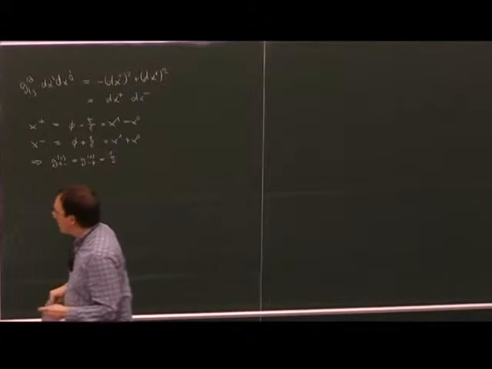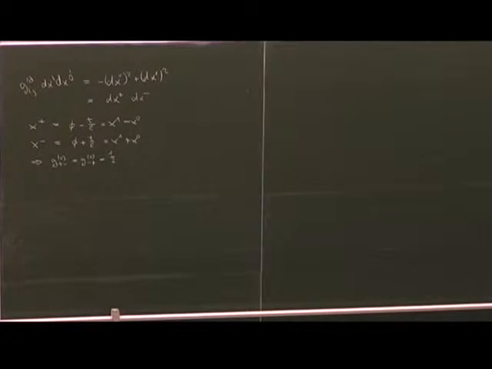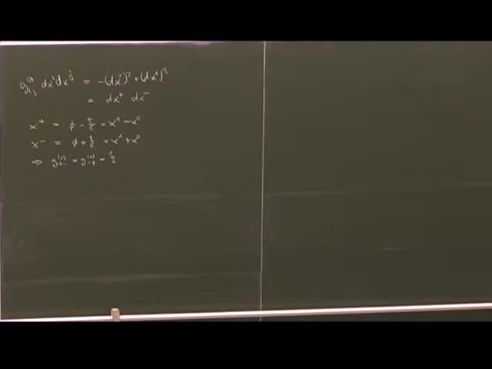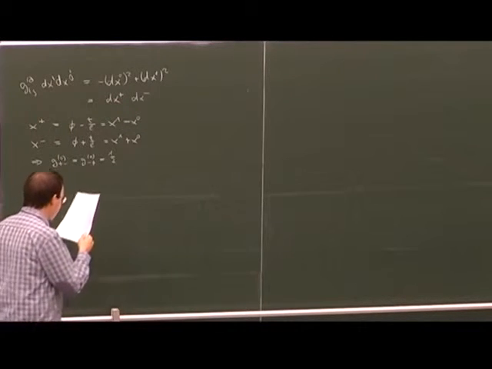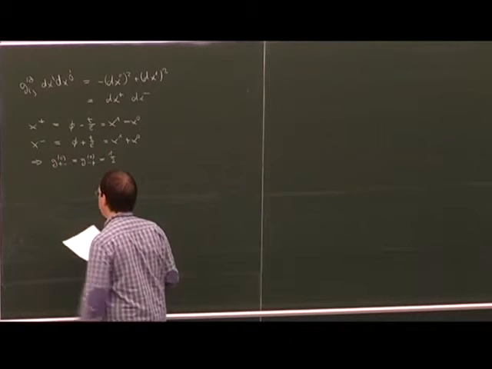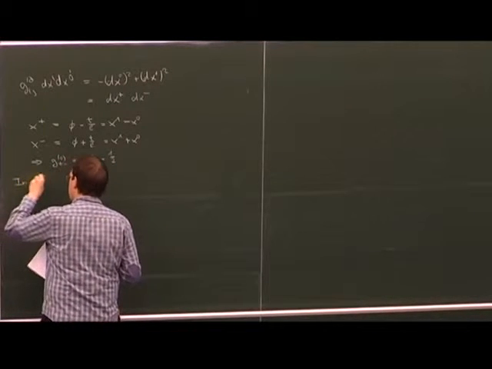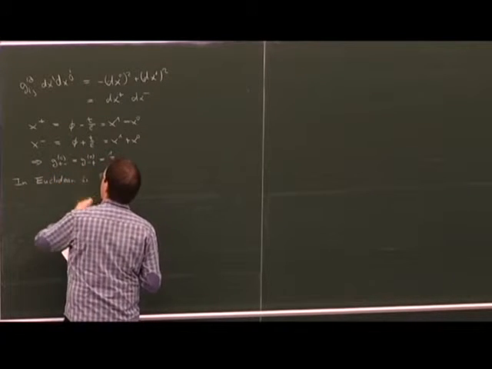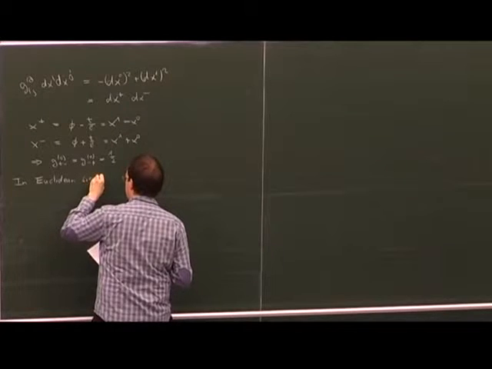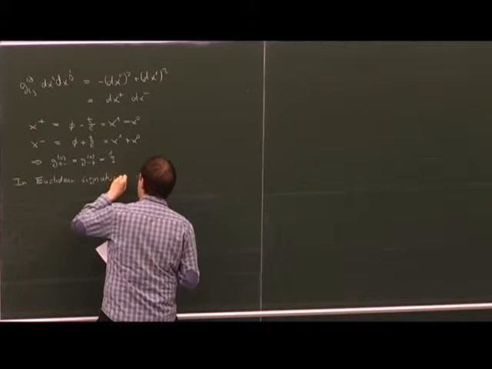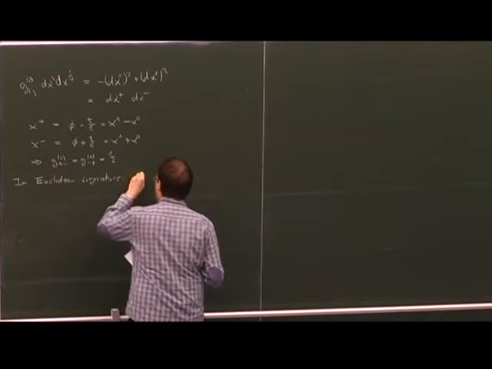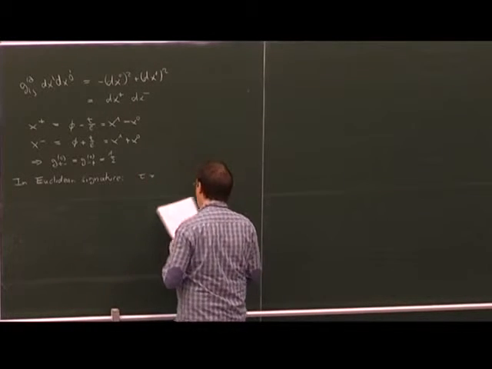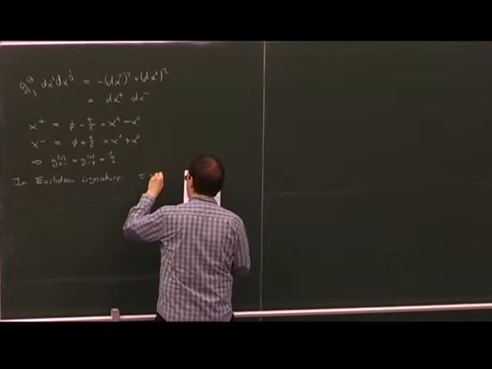Okay, so what we usually do is we don't work in Lorentzian signature, as here, but in Euclidean signature. So we do a Wick rotation, and that explains this sign convention. We replace our time t by tau, which is just i times t.